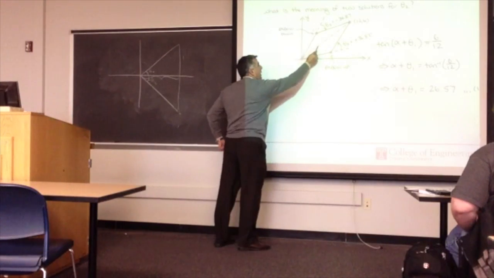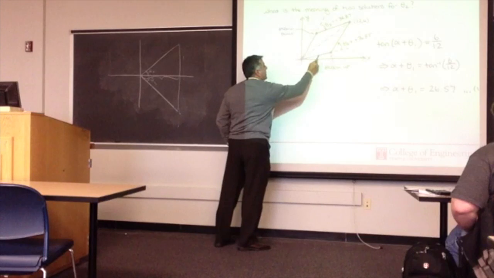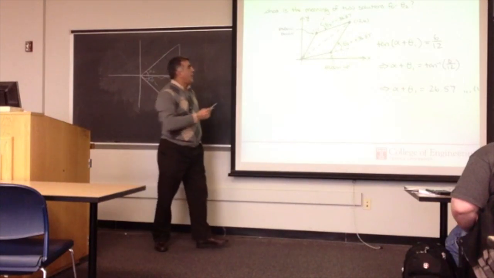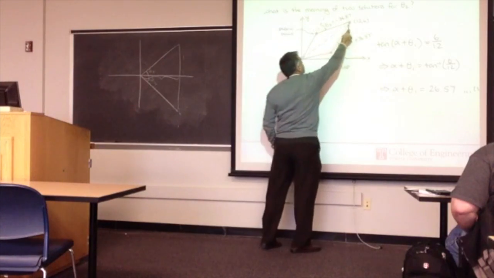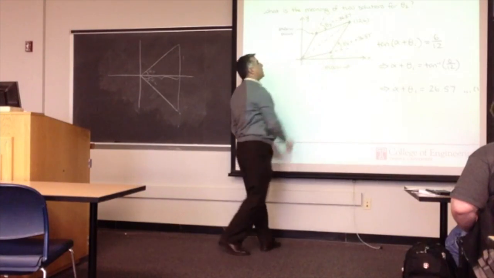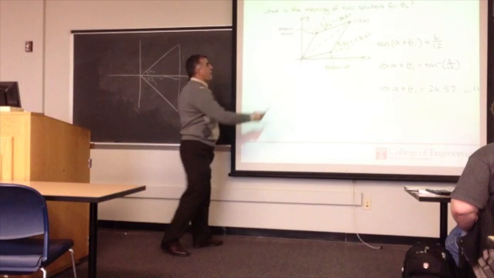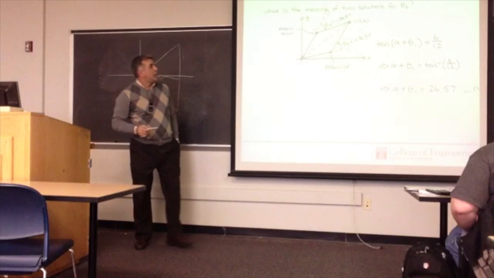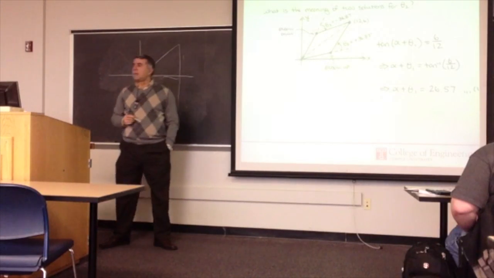This little triangle right here, this angle. You see this? If this is alpha, and if I am looking at that triangle right here, tan of alpha plus theta 1 is equal to 6 over 12.